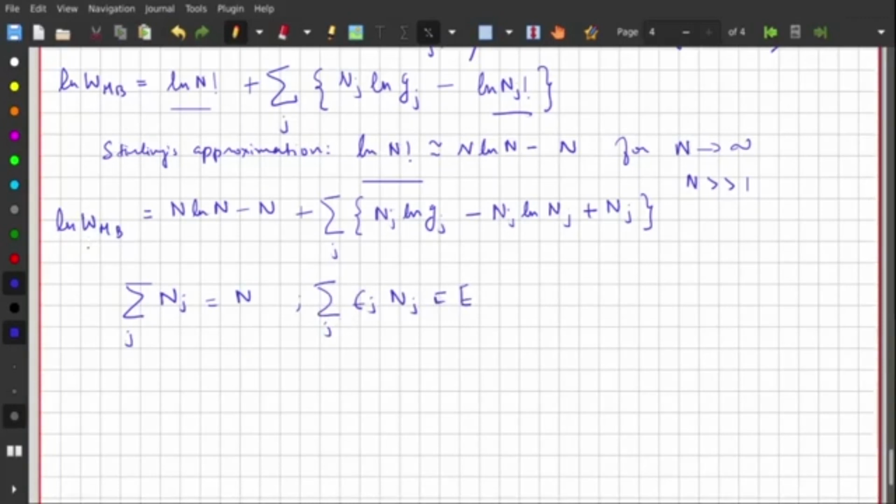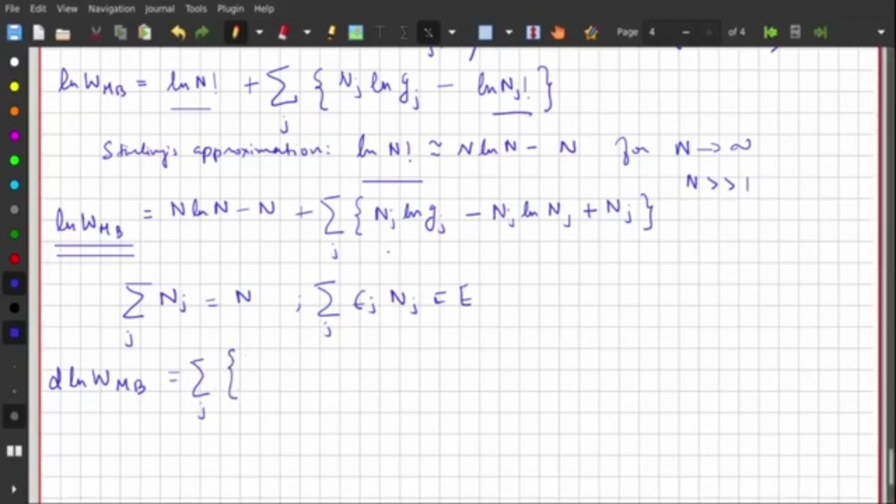So if we want to find the stationary positions for this function, what we need to do is take the differential of that and equate to 0. So we want d log W_MB. You want to maximize that thing, that will become sum over j. Let's do this term first.